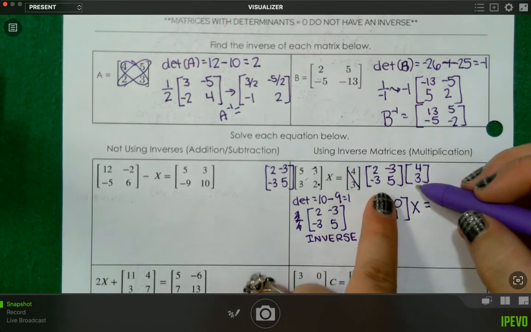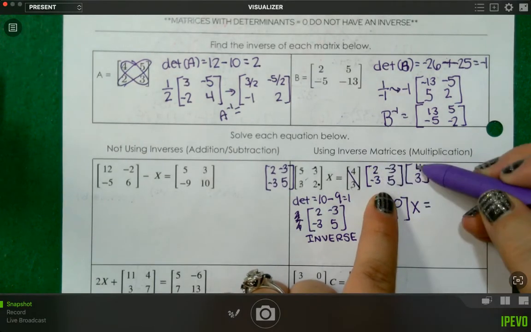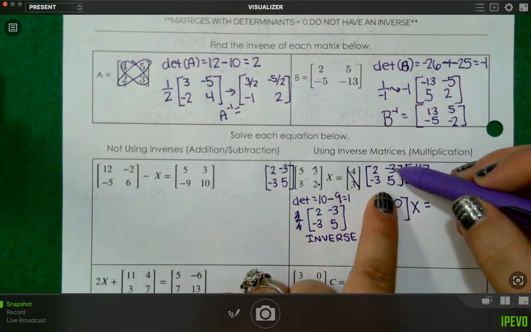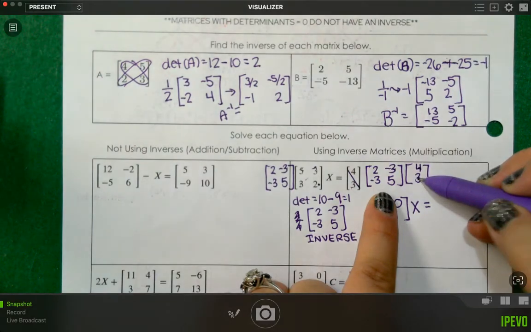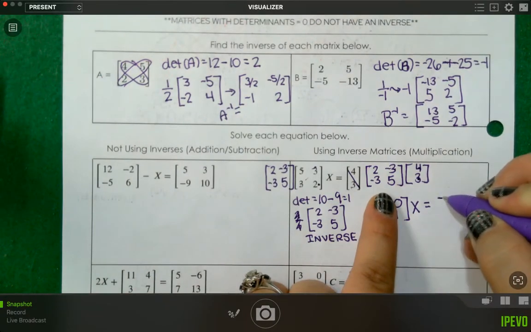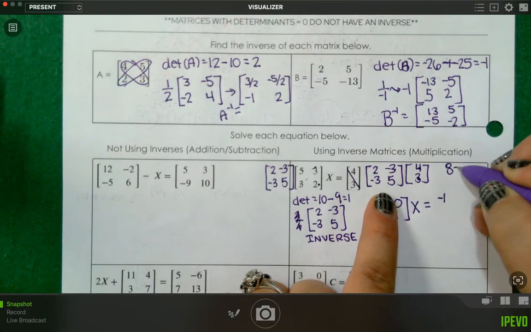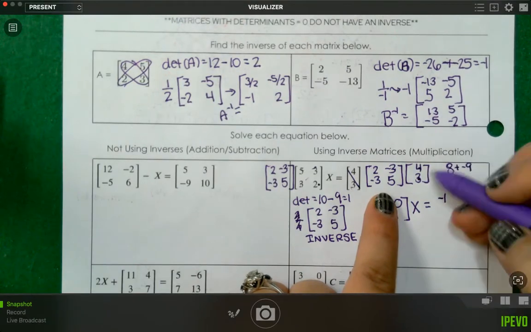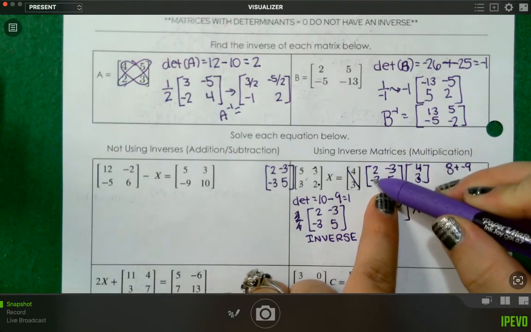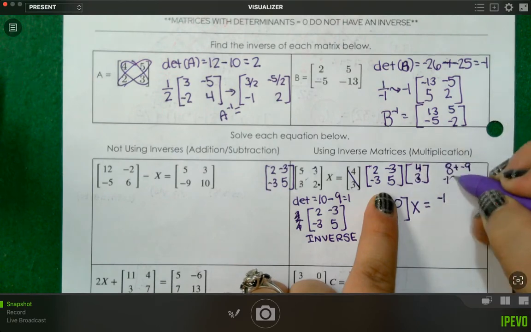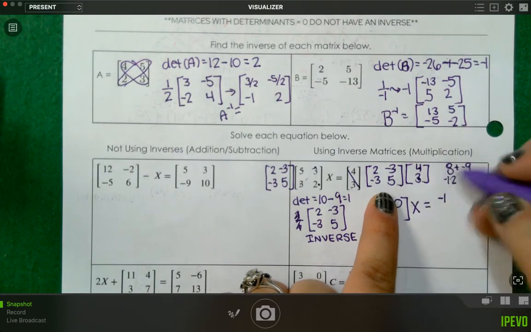Then over here, 2 times 4 is 8. Negative 3 times 3 is negative 9. 8 plus negative 9 is negative 1. And then on the bottom row, negative 3 times 4 is negative 12. 5 times 3 is 15.